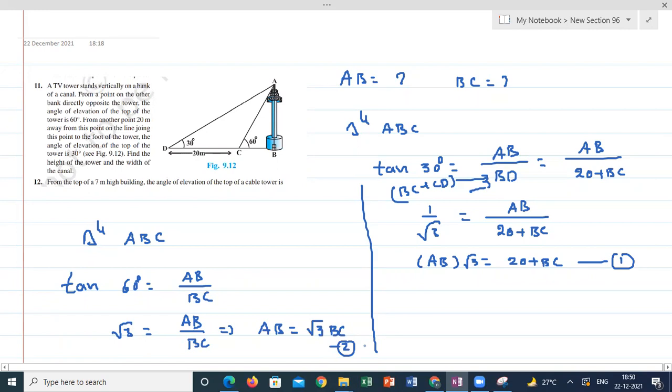If I substitute this AB value, the second equation, into the first equation, root 3 times BC into root 3 will be equal to 20 plus BC. That is 3 times BC is equal to 20 plus BC.